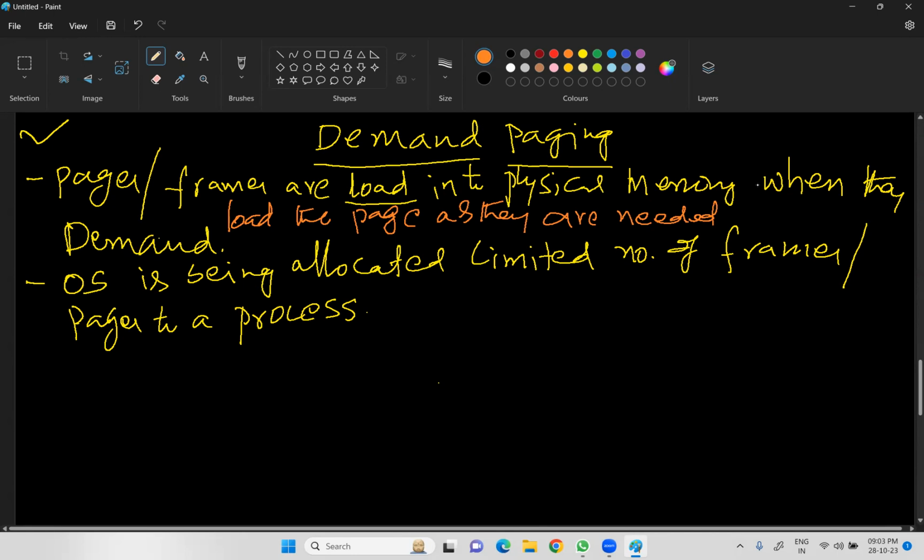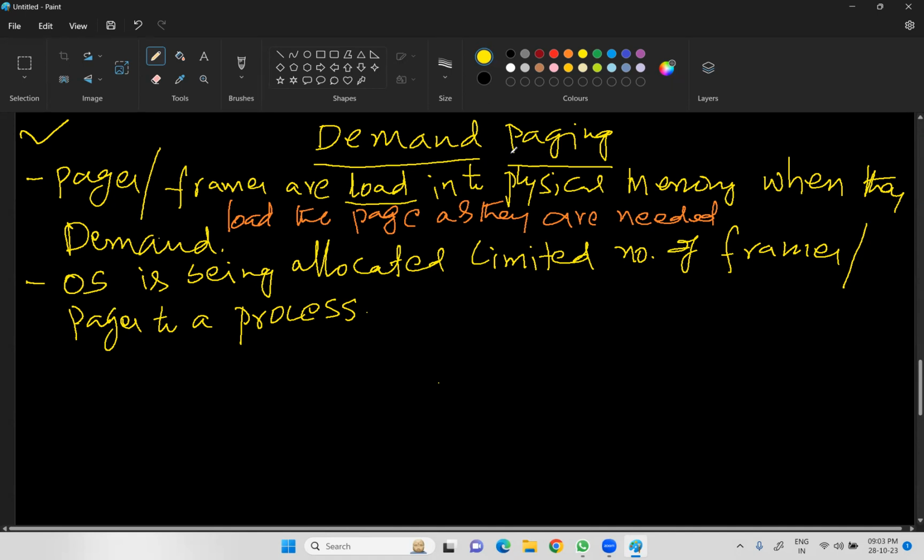Then only it can be loaded here. So demand paging always allocates a very limited number of pages to you. All the required pages cannot be allocated for you here.